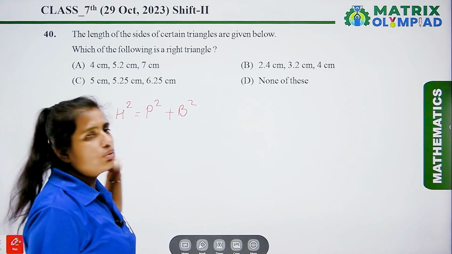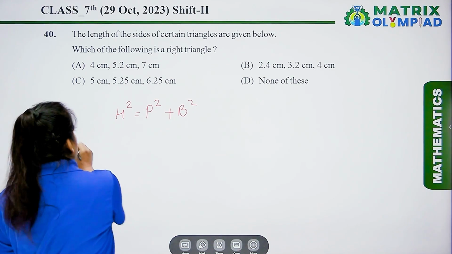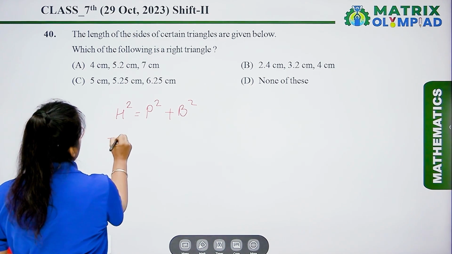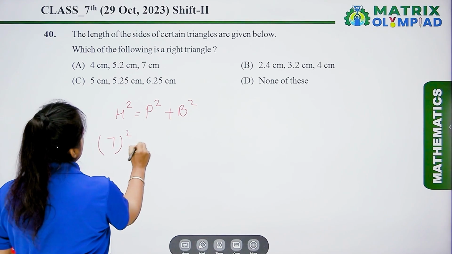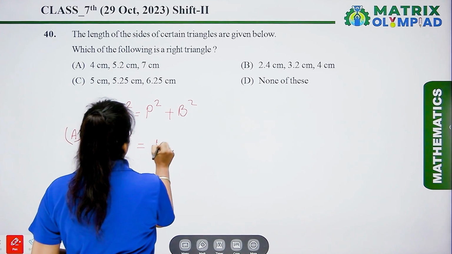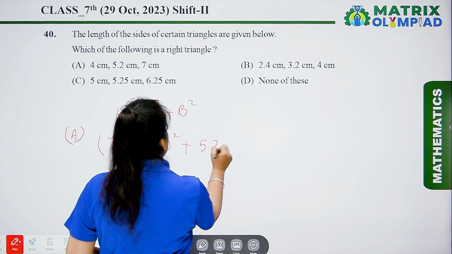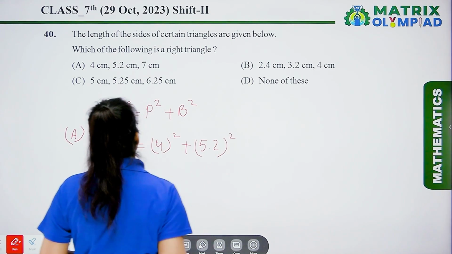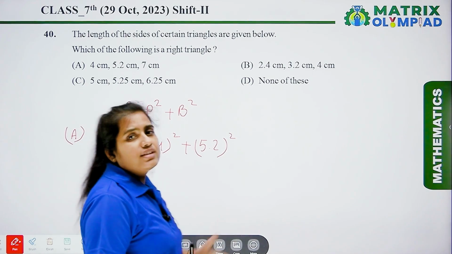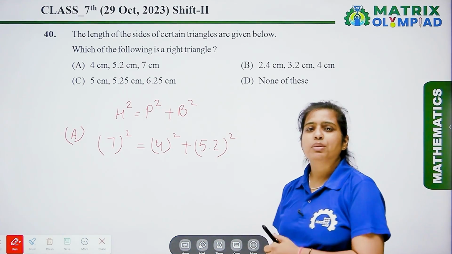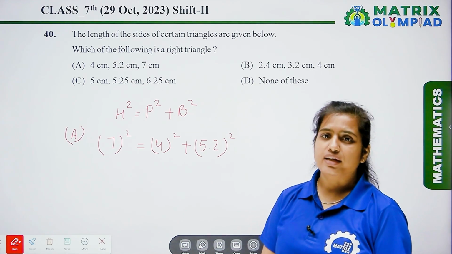So we are going to solve option A first. Option A is hypotenuse will be 7 square, then 4 square plus 5.2 whole square. If LHS is equal to RHS, only then we can say that the following measurements are of a right triangle.